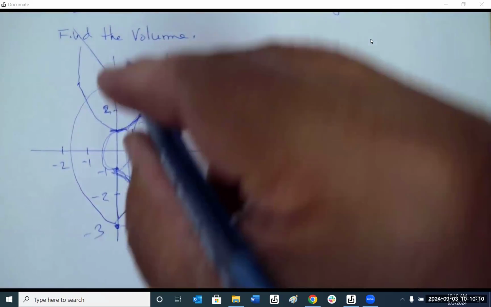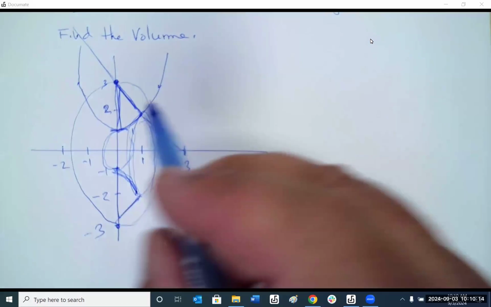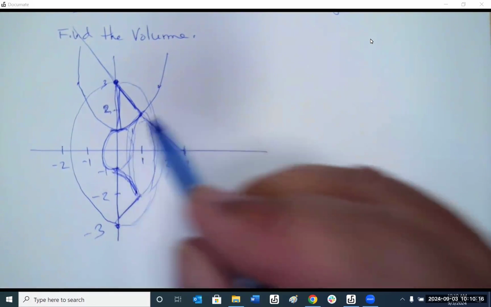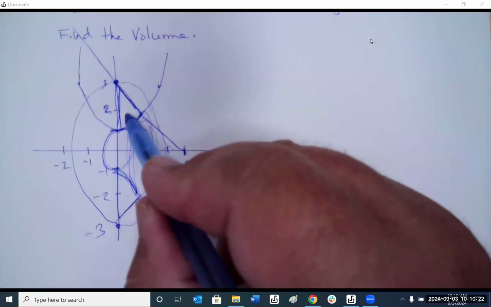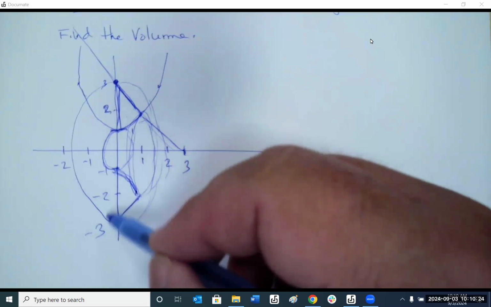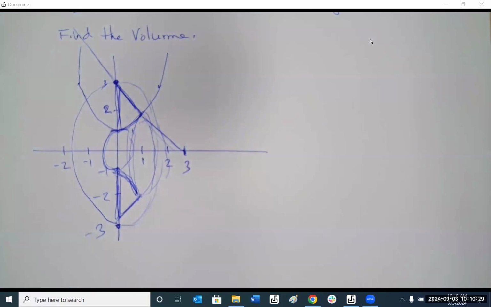So this is the graph part that we're going to be rotating. It looks like a donut. So we're taking this wedge and rotating it around. I'm horrible at drawing 3D pictures.